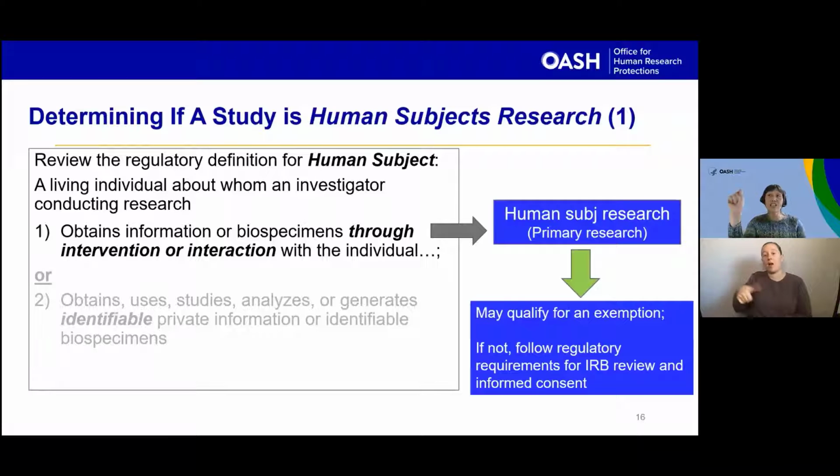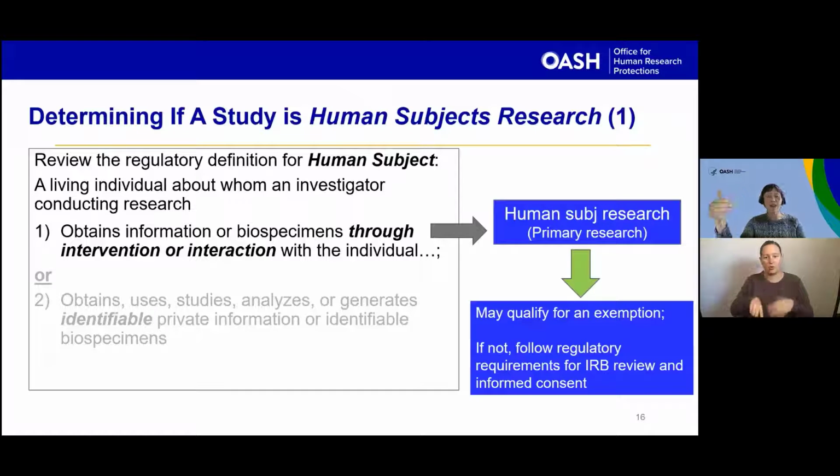So once you've decided it's human subjects research, it's primary research, you have two options. You can look at whether the research would meet the conditions of one of the 8 exemptions available in the Common Rule. If it does, then it could be an exempt human subjects research.